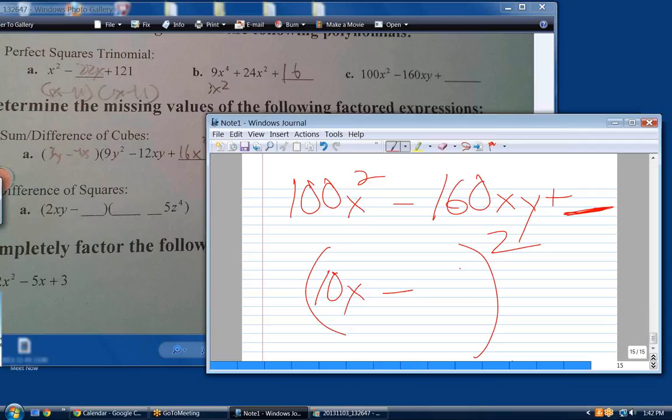So now whatever it is we put here, I'll call that question mark. What I know is that 2 times 10x times question mark has to equal 160xy. Correct? Yeah. If you solve that for question mark, you get 8y.